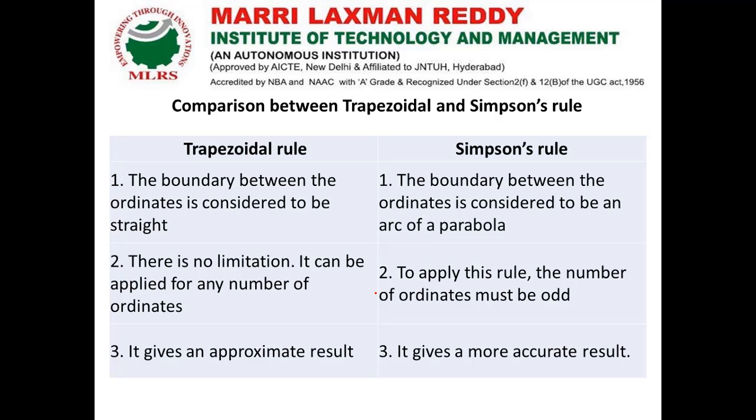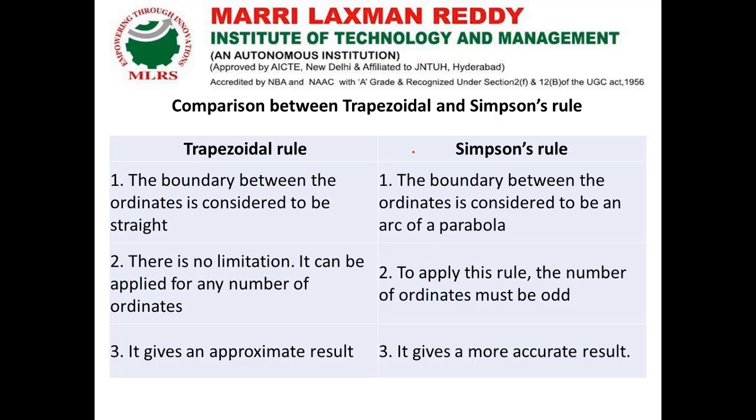If we need an exact answer, then we have to use Simpson's rule alone. Even the trapezoidal rule gives results with less accuracy.